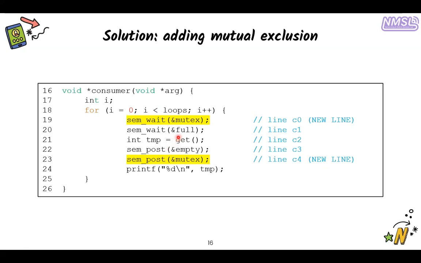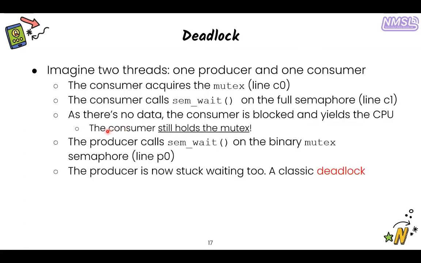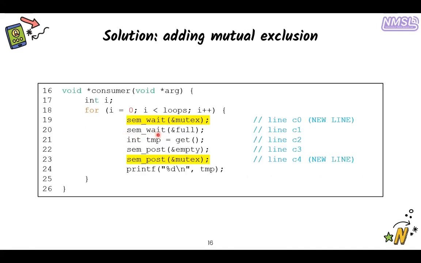Here, line C1. Now, there's no data because producer hasn't filled anything up. Consumer, there's nothing to do. It yields the CPU. However, there's nothing, but you still have this lock, right? You haven't given up the mutex lock here because we haven't gotten here.